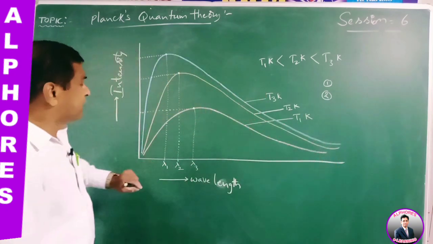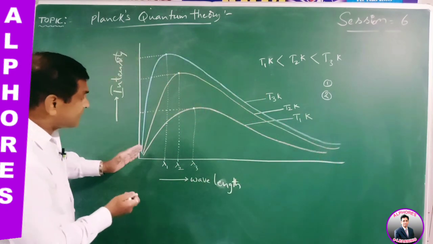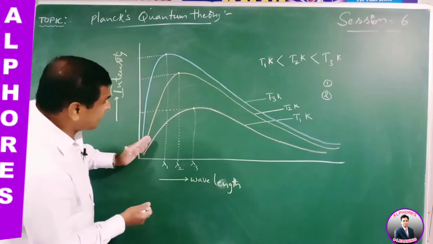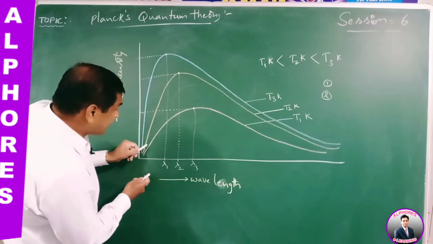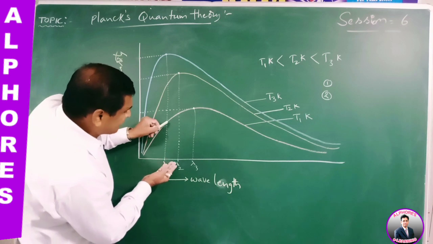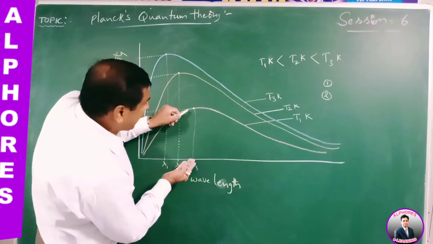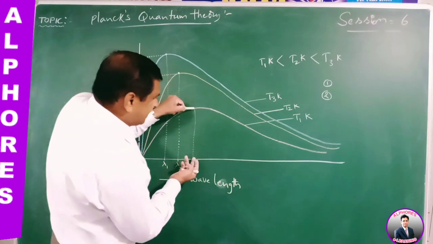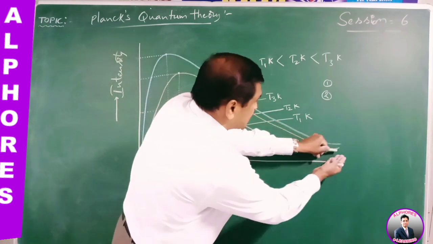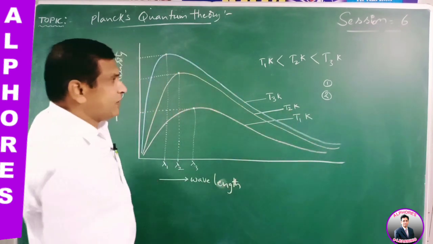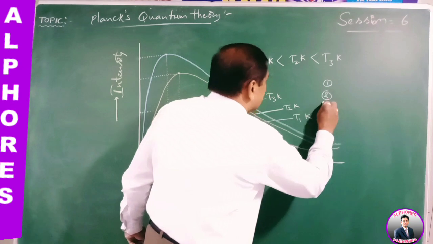I repeat the second point again. Intensity means height. Intensity of the radiation energy increases with increased wavelength of the light, becomes maximum to a certain extent, then decreases. That is the second point.